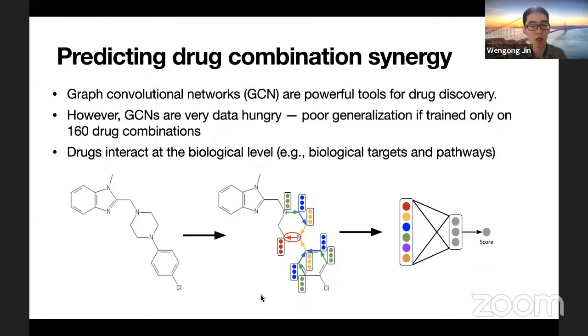For example, the crucial information would be the mechanism of action of these drugs, like what biological targets they bind or what pathways they interact with. So we want to add this additional information to the model so that it can learn to reason about biology, or what biological targets these drugs are interacting with.